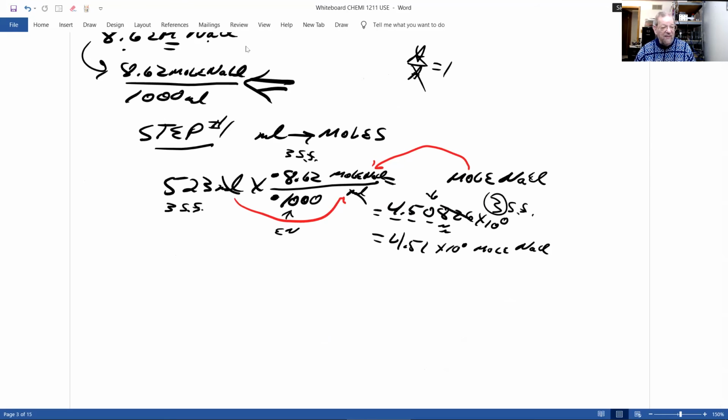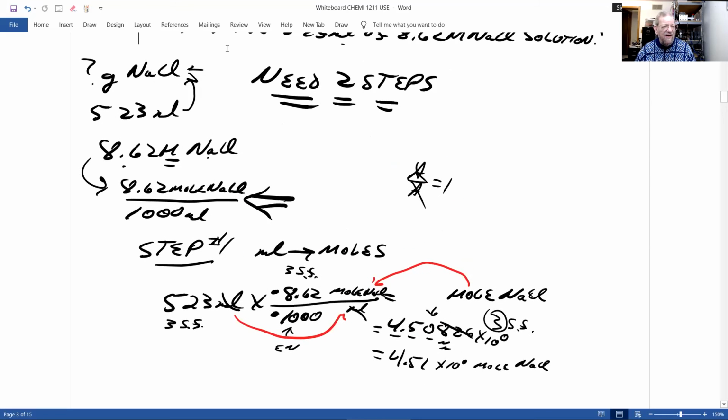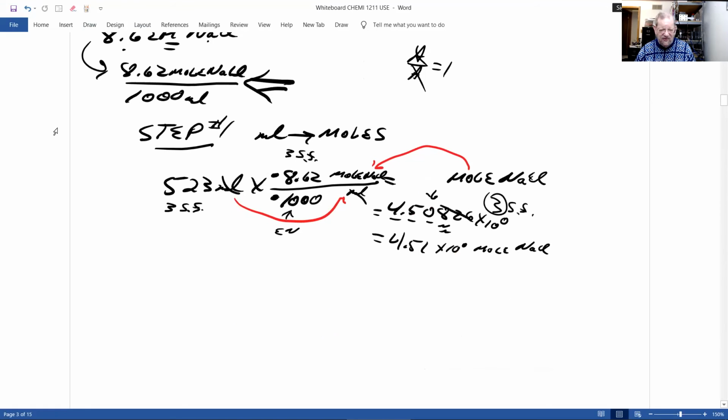Now, am I done? No. I'm trying to get to grams of sodium chloride. So now I'll need step 2. And step 2, which you can look at, important information in case you forgot, but I didn't, so I don't have to look. You want to go moles to grams.